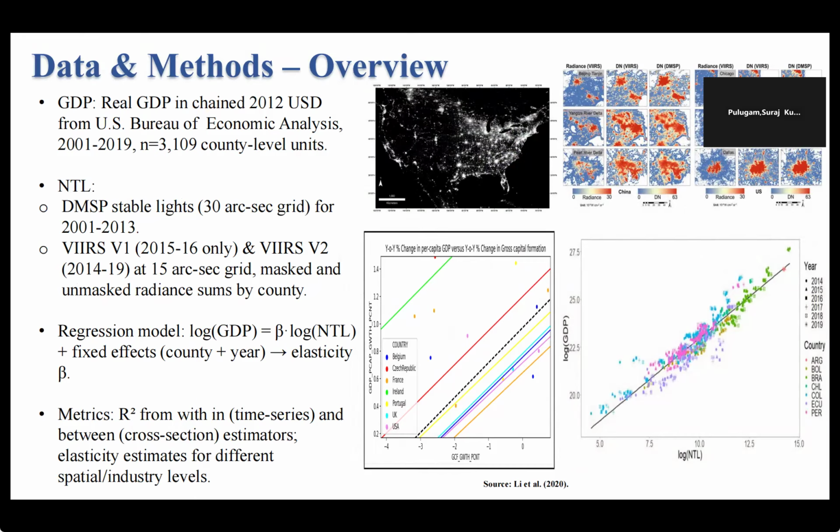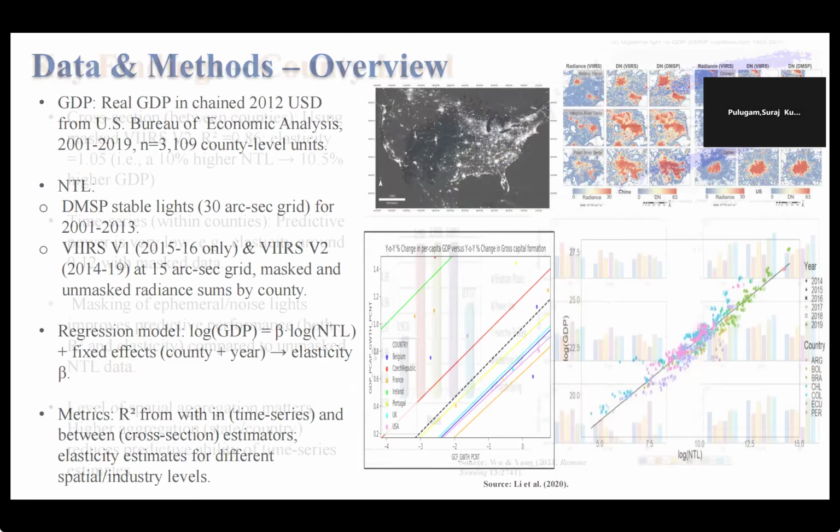We used the regression model log GDP equals beta times log NTL, with fixed effects for both county and year. The model estimates elasticity: how much GDP changes when nightlight brightness increases by 1%. The images show the county level aggregation of nightlight data.